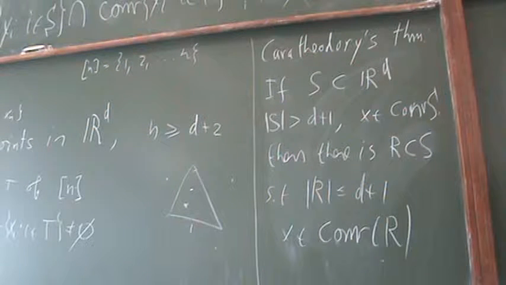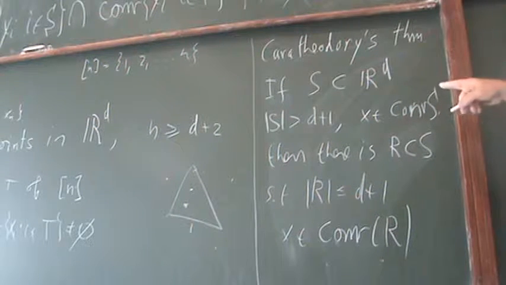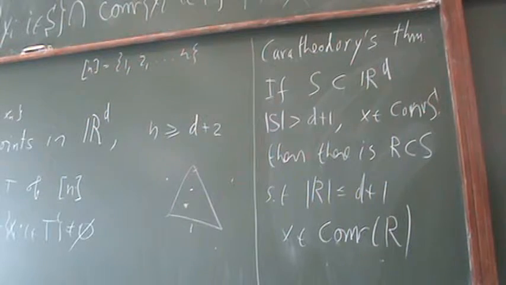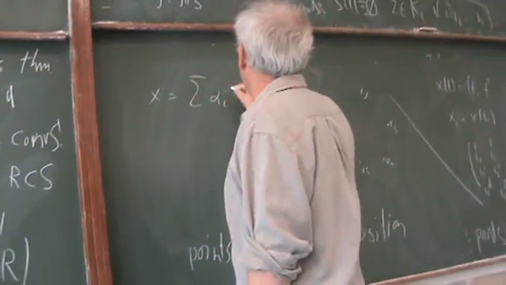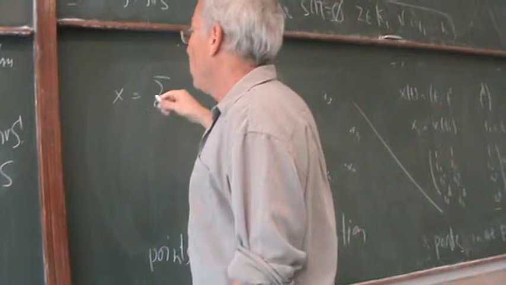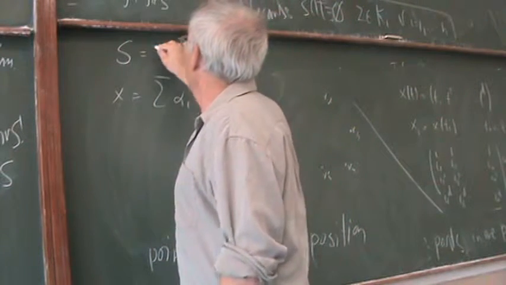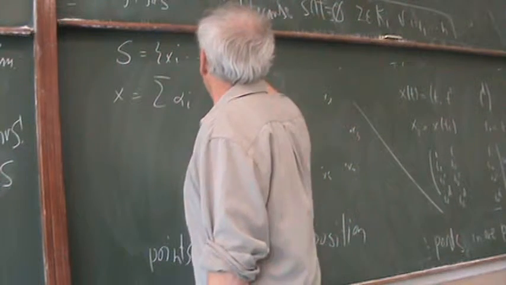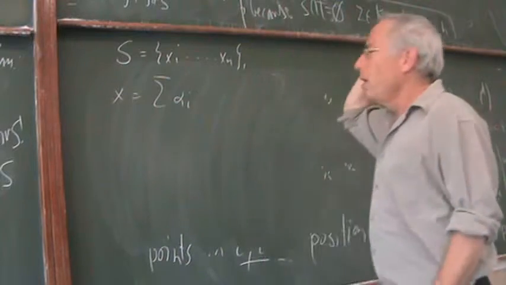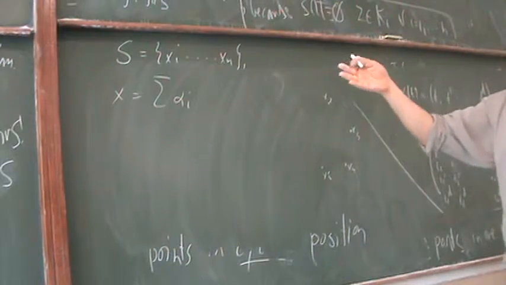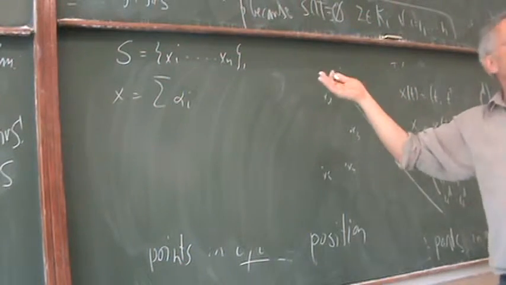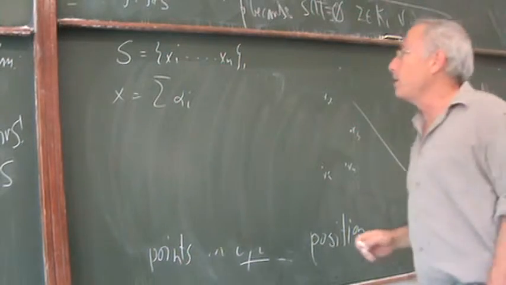You write x is in the convex hull, some alpha i. Let's say that S is x1 to xn. Of course, if you have a point in the convex hull of an infinite set, by definition it's in the convex hull of some finite subset.